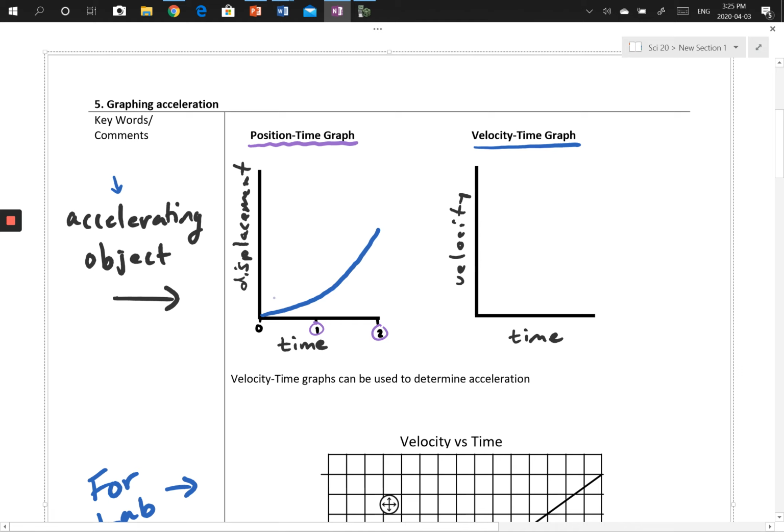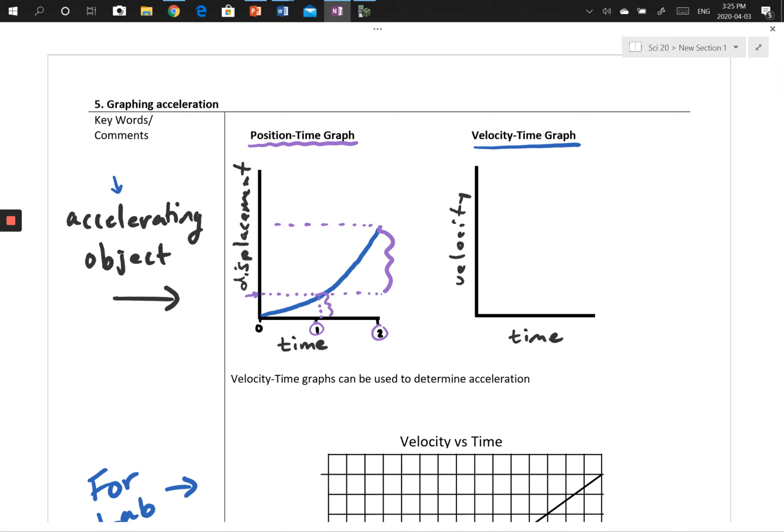Over the first second, the displacement of the object is going to be that much, and the second second would be that much distance covered. So we're getting faster, we're covering more distance every second that goes by.